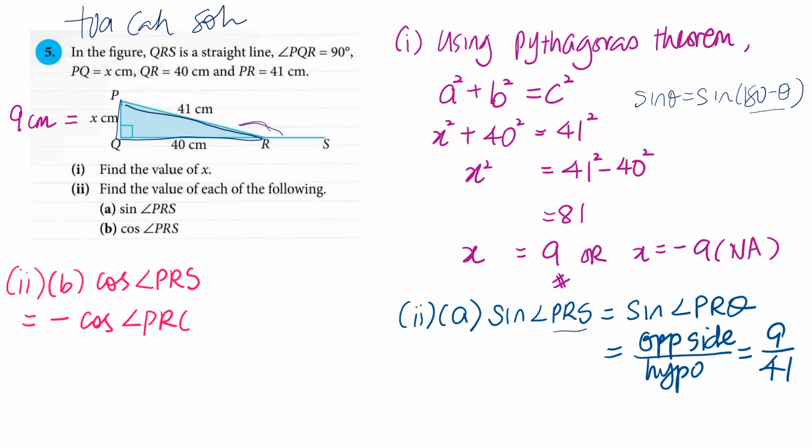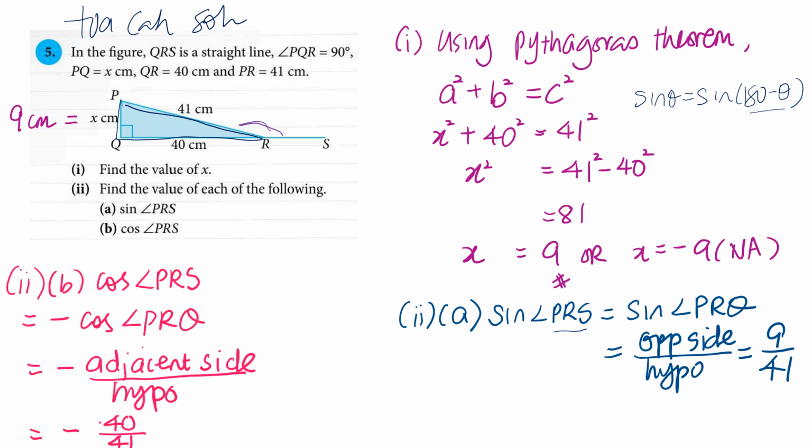Okay, let's look at part b. If you recall, cosine theta is negative cosine (180 minus theta). So the cosine of the obtuse angle is equal to negative cosine of the acute angle.